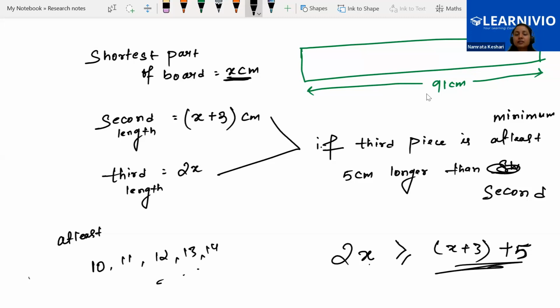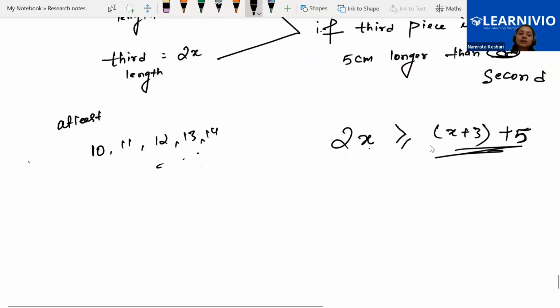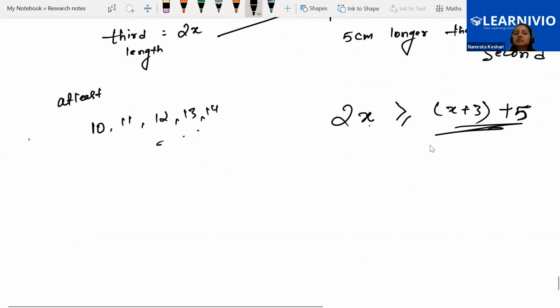Because when we are saying that x has to be at least 10, that means x value 10 is possible, x value more than 10 is possible, but less than 10 is not possible. So we will say x has to be bigger than or equals to 10. Can we say?